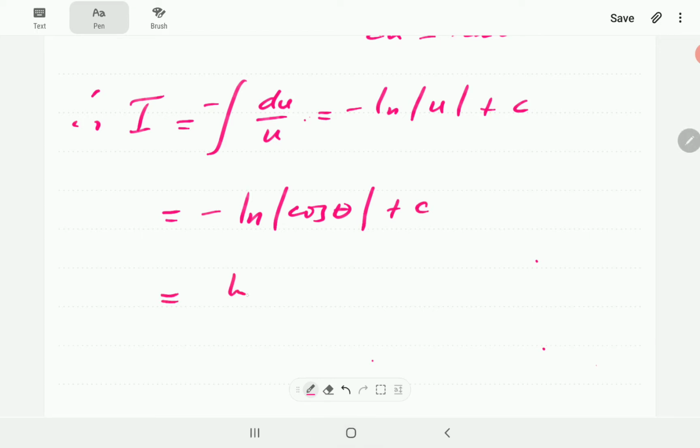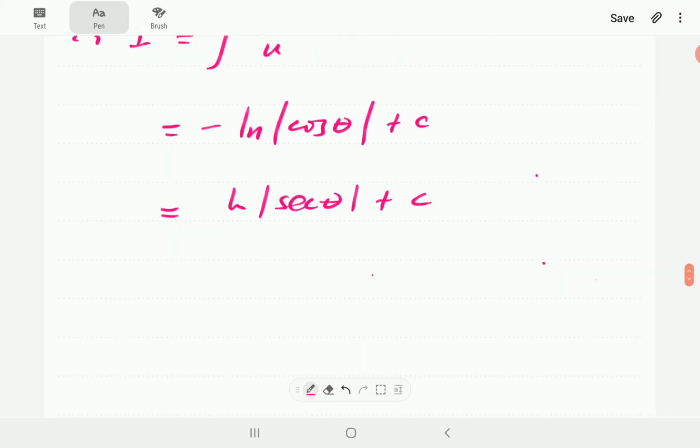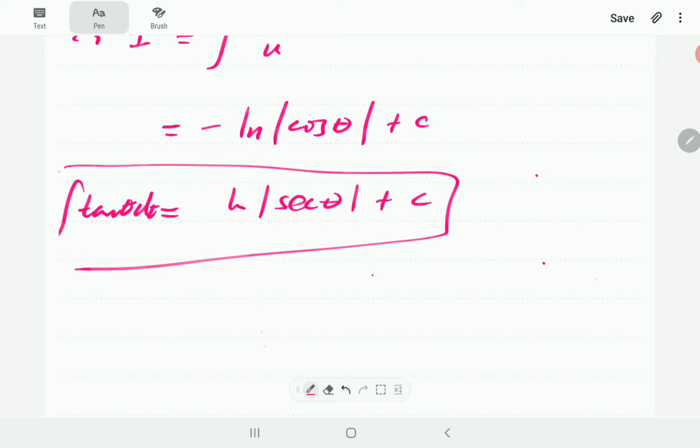This we can write as ln of secant theta if we absorb that negative into the ln. So this is a standard result that you might want to memorize. So the integral of tangent theta is equal to ln of secant.